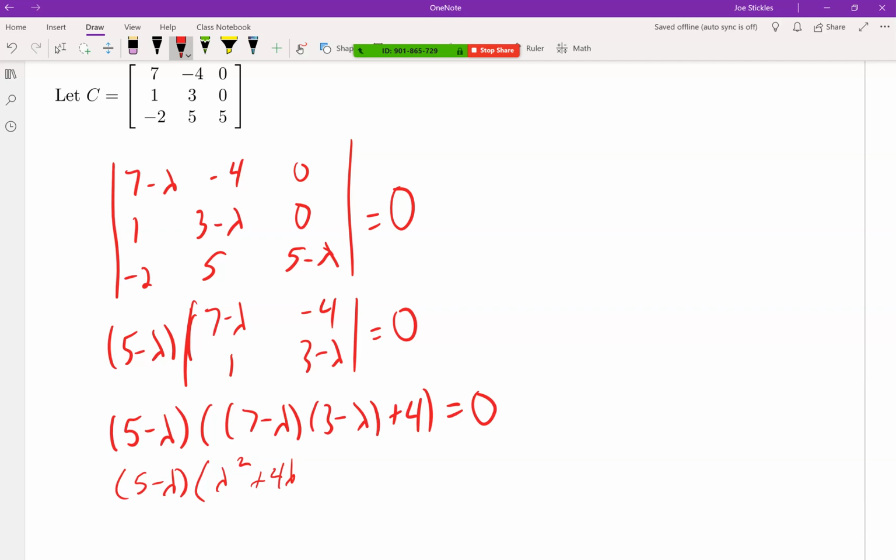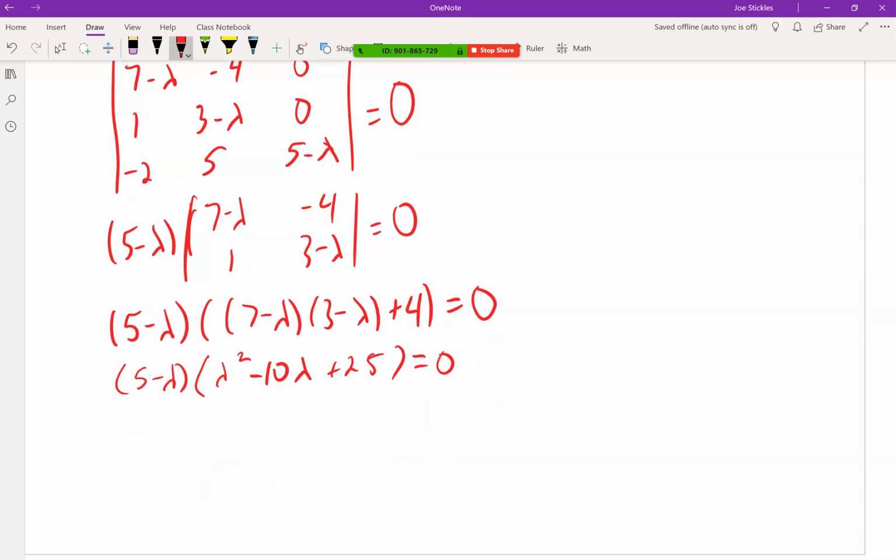I think is it a minus? Negative 10. Oh, good grief. Thank you. Made my life a lot simpler. I was like, that wasn't going to factor. Minus 7 minus 4. I don't know where I got plus 4. Holy cow. 7 times 3 is 21 plus 4 is 25. Okay, that's much better. Sorry about that.